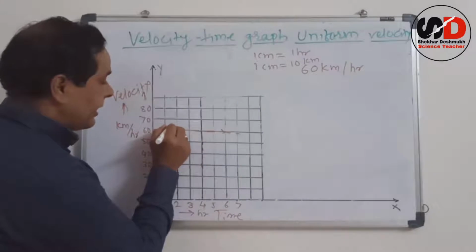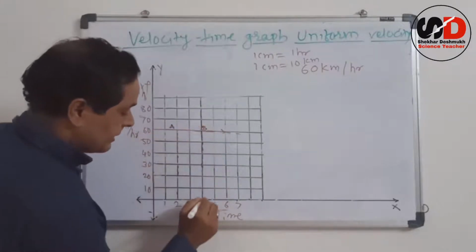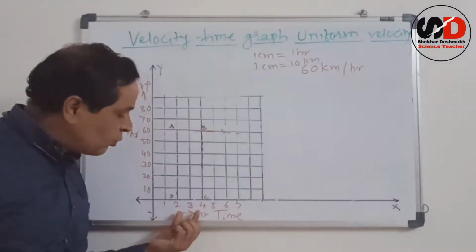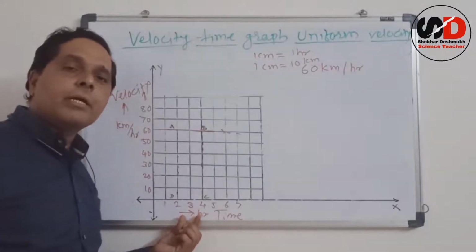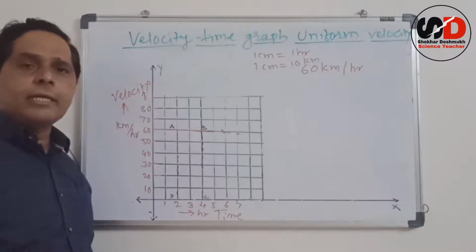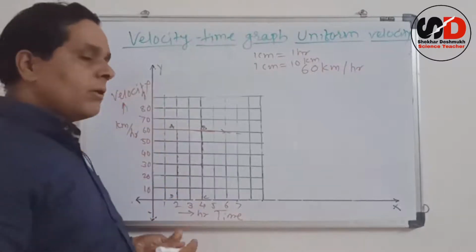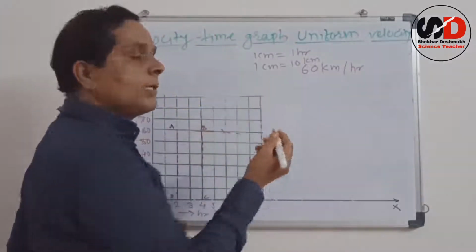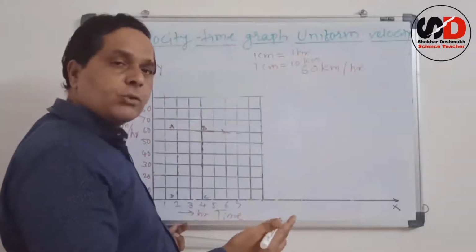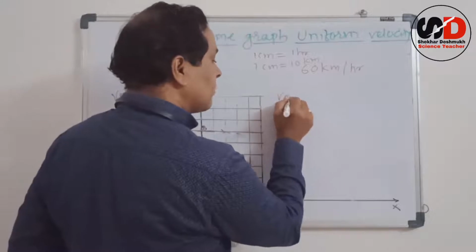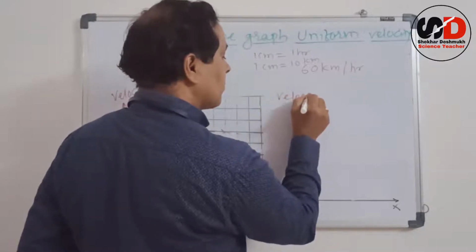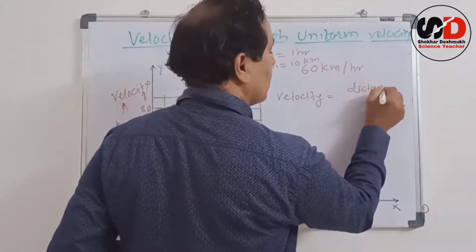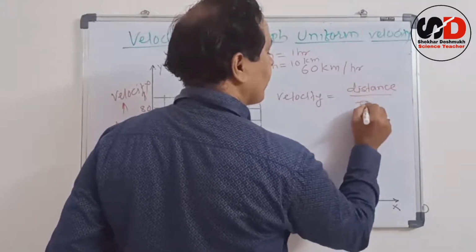Suppose it is A, B, C and D. So within these 2 hours, how much distance can be covered? We can easily write it down. We know the formula for velocity. What is velocity or speed? Because it is linear motion, the train is going in the same direction. So velocity is equal to distance divided by time.